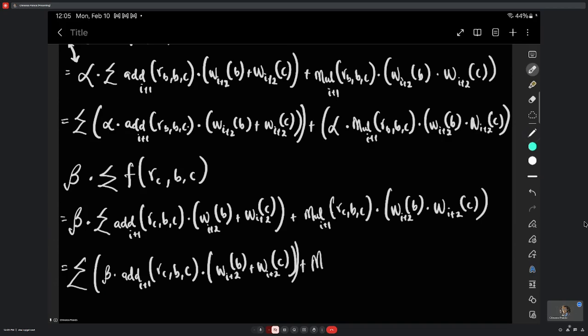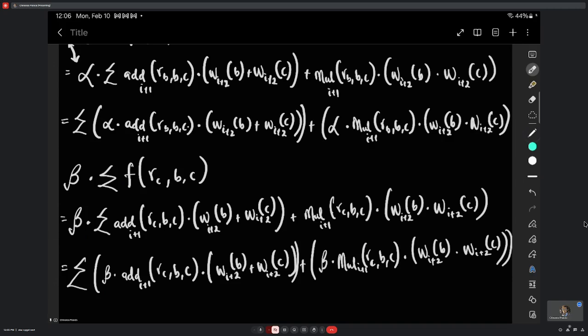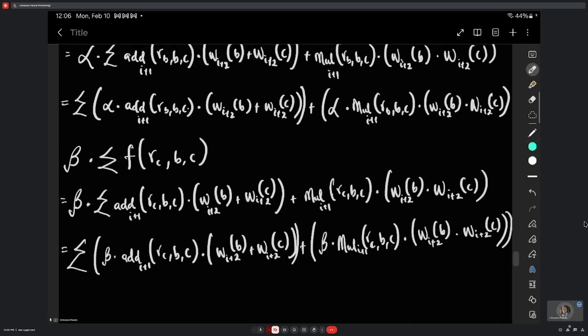Beta first, then plus beta times mul I plus 1 into (rc, bc) times W(I plus 2) of b times W(I plus 2) of c, which equals to... Okay.